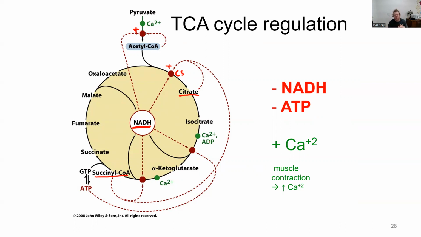So that succinyl-CoA is almost like a downstream regulator that if citrate doesn't regulate it enough, then succinyl-CoA will come in and pump the brakes on it. Succinyl-CoA is going to also serve as a regulator of our alpha-ketoglutarate dehydrogenase, labeled right here, alpha-KGDH.